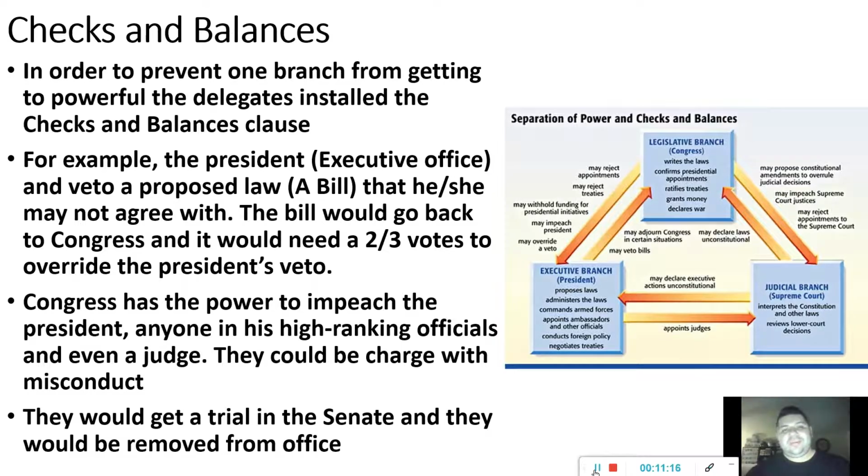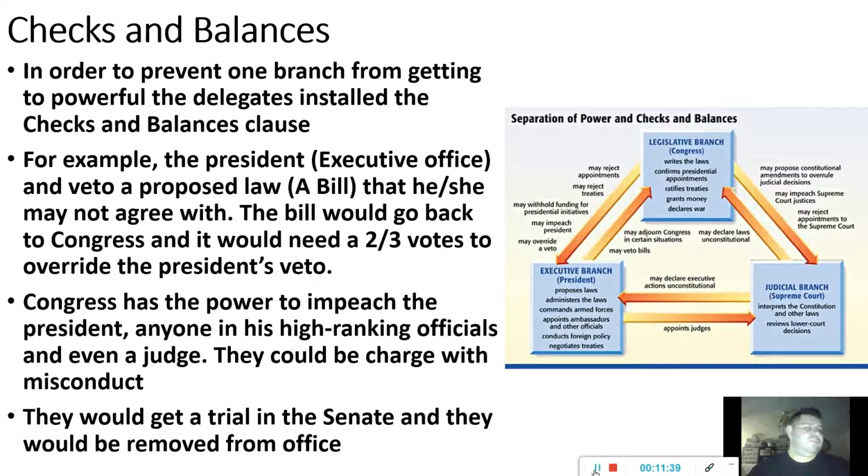You still have that third branch who can come in and say no and stop them. Okay. So a great example is that Congress makes and creates laws, like I said earlier. Now what happens is, let's say the law passes Congress, both houses, and it goes to the president.